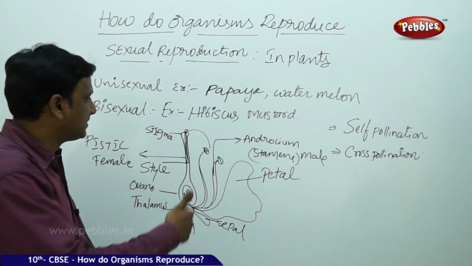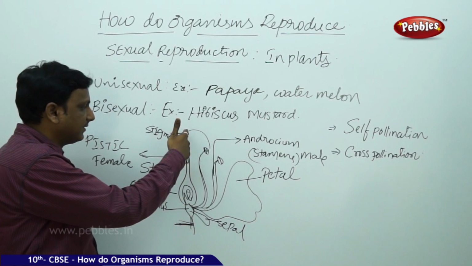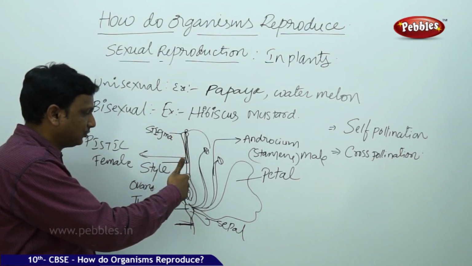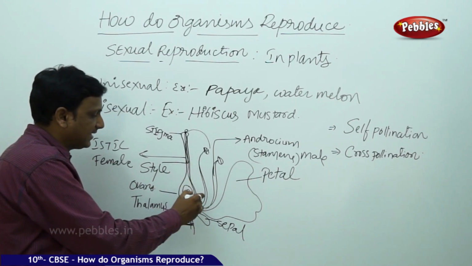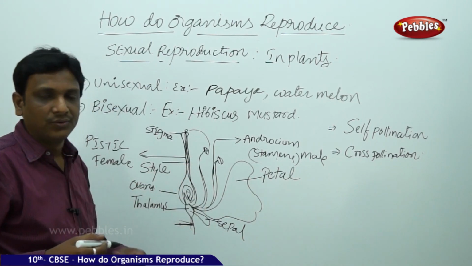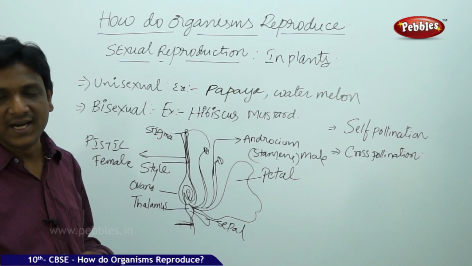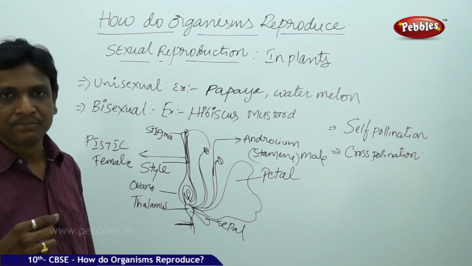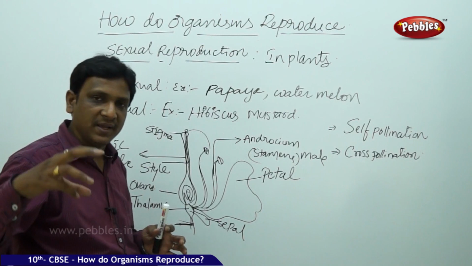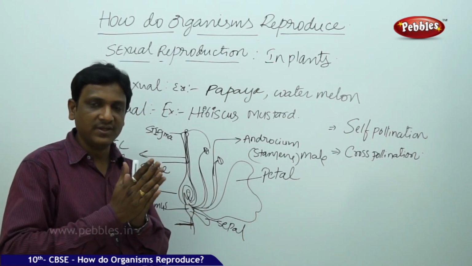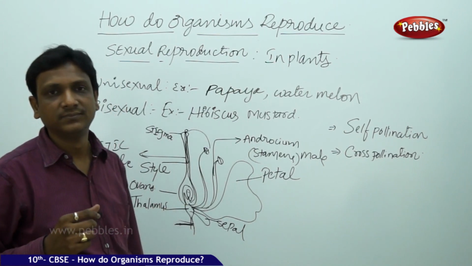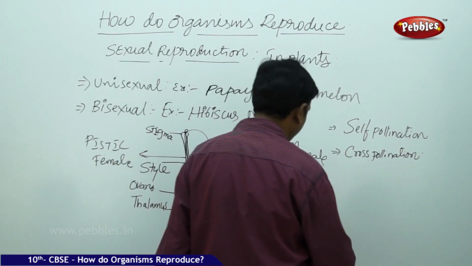The male gametes present in the pollen travel through this pollen tube and pass down, finally reaching the ovule, and inside the ovule female gametes are there. The male gametes enter the ovule and fuse with the female gamete to form the zygote. So here the zygote is formed.